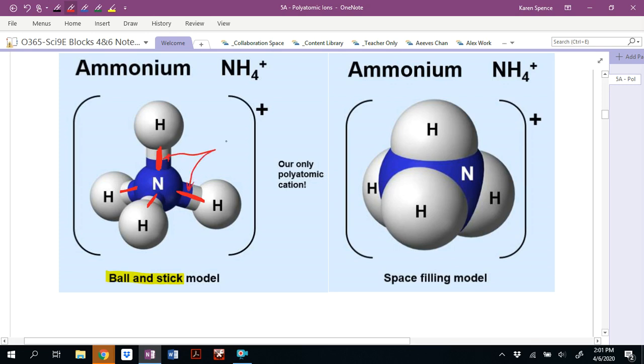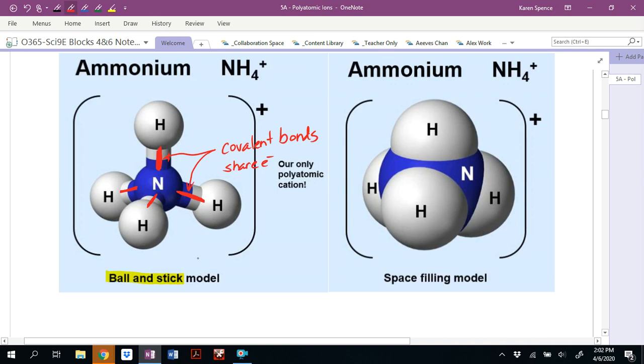Okay, all of these bonds are covalent bonds. What are they doing with their electrons? Sharing them. And why are we getting covalent bonding?